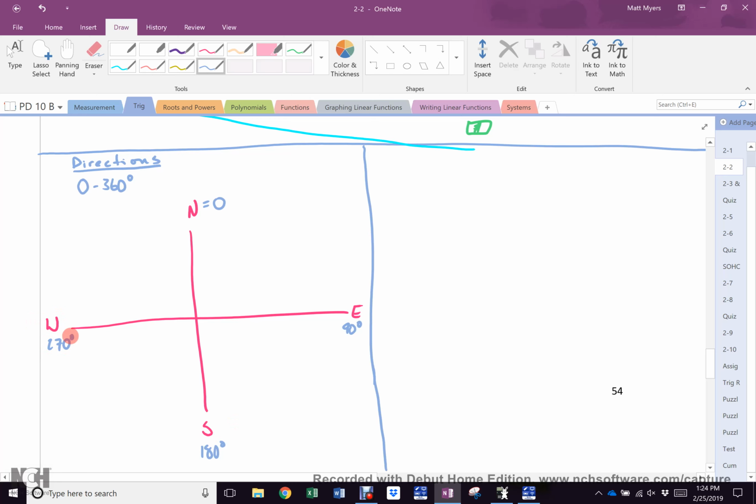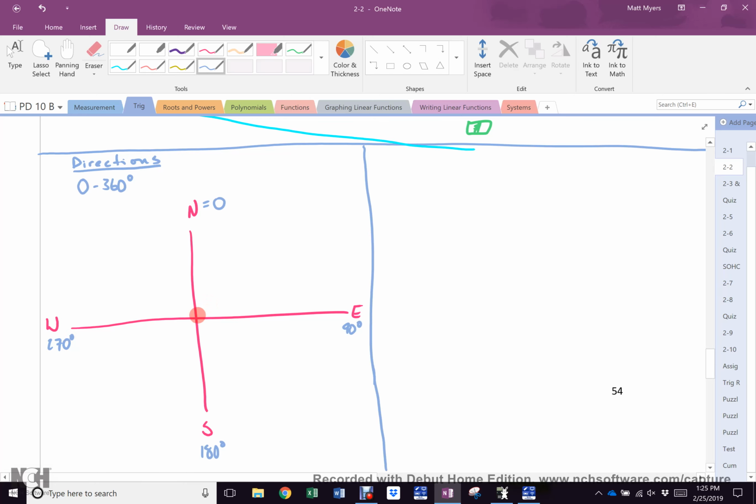So if I tell Hazel to walk 1 kilometer at a heading of 48 degrees, where will Hazel be walking? To the northeast, approximately, yes?